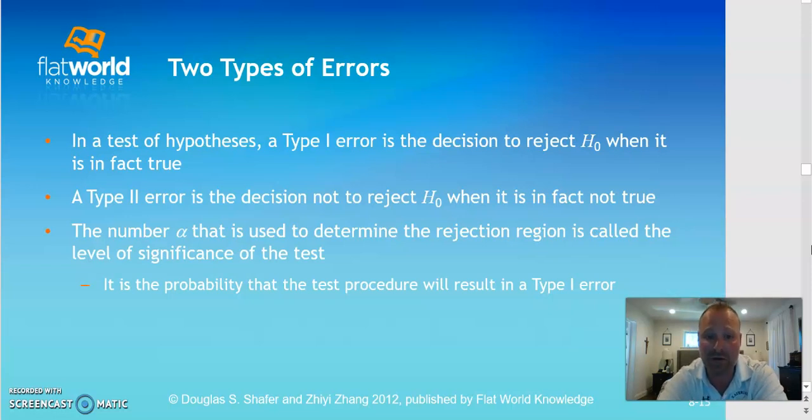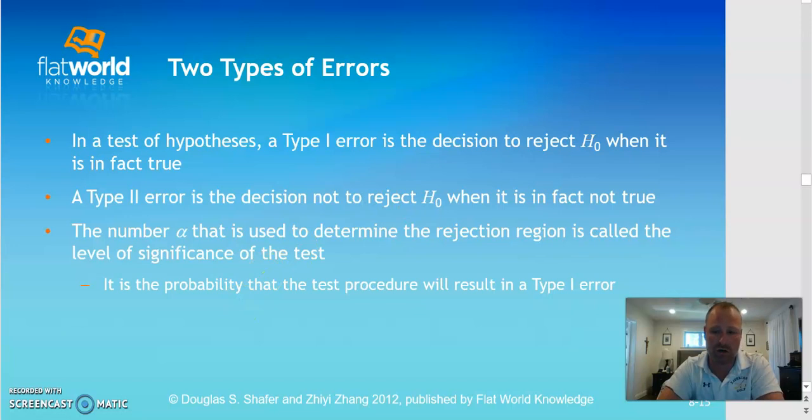A type 2 error is the decision not to reject the null hypothesis when it is in fact not true. The number alpha, which is used to determine the rejection region, is called the level of significance of the test. It is possible that the test procedure will result in a type 1 error.